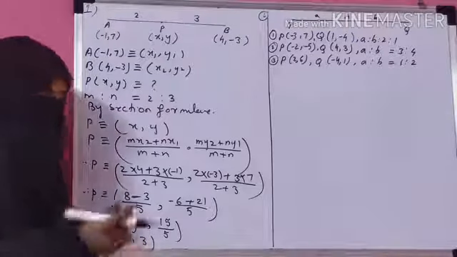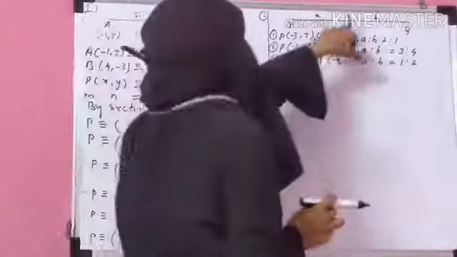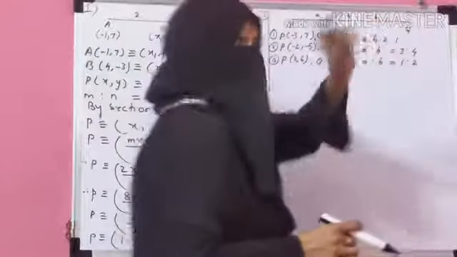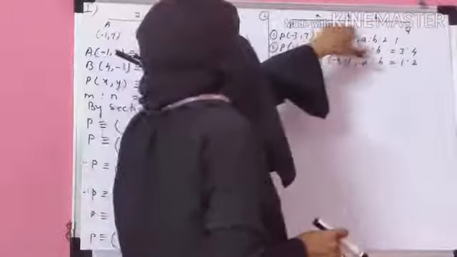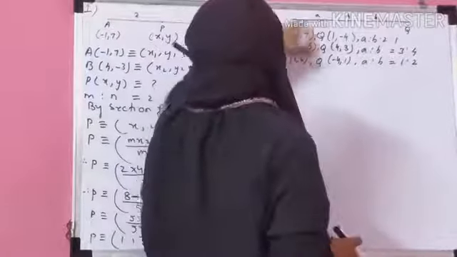Got it? Now move to the next question, question number 2. Point A divides the segment PQ in ratio A is to B, and you have to find the coordinate of point A. There are a total of three questions based on this question, 1, 2 and 3.